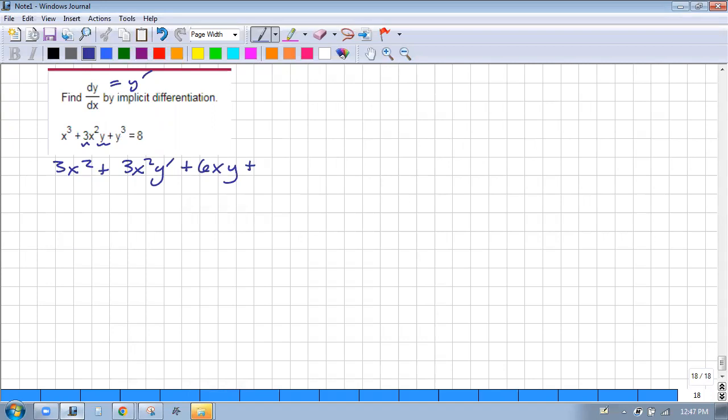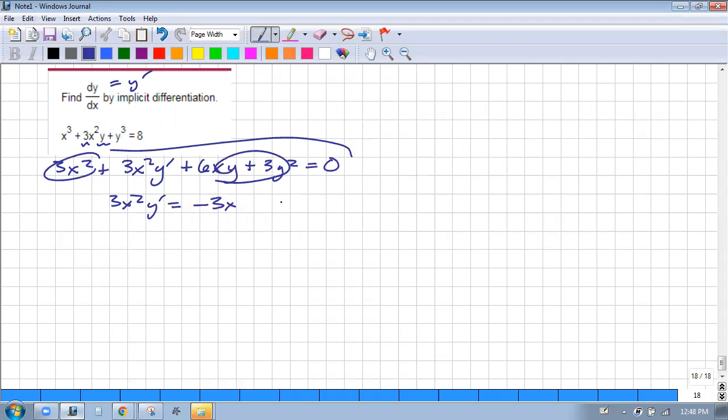Now the derivative of y cubed would be 3y squared, and the derivative of 8 is 0. All right, so we're trying to find y prime. So we just take all this and move it over here. So negative 3x squared minus 6xy minus 3y squared.